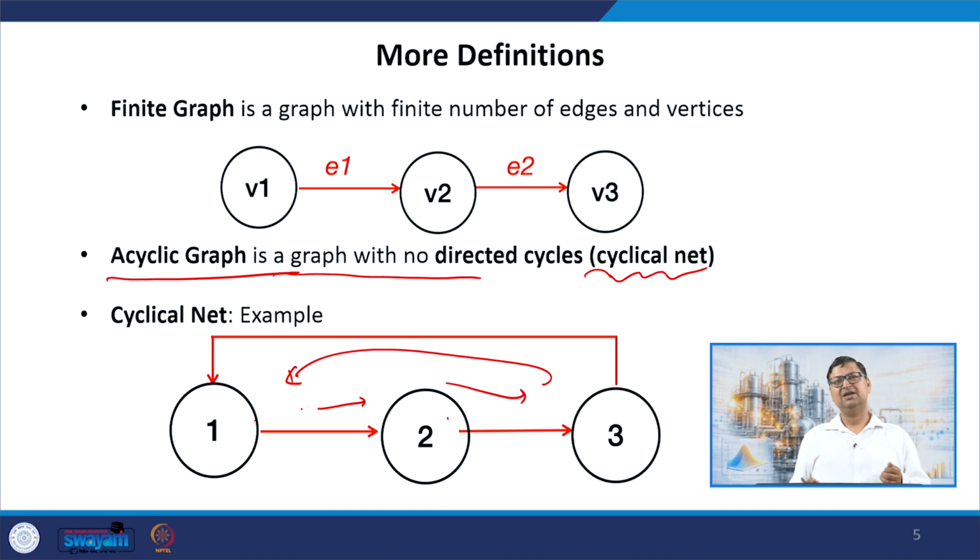So, basically I can revisit the same vertex if I am going along this graph. I am forming some kind of a loop within the graph. So, whenever a loop-like thing is formed, what I call a directed cycle, in that case I am going to have a cyclical net and the graph is no longer acyclic, right, it is a cyclic graph.